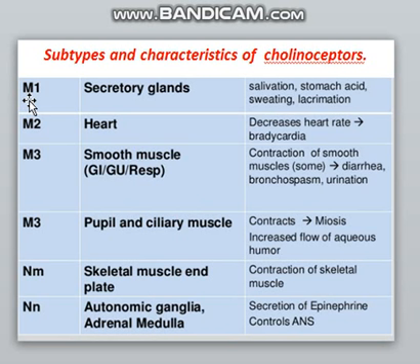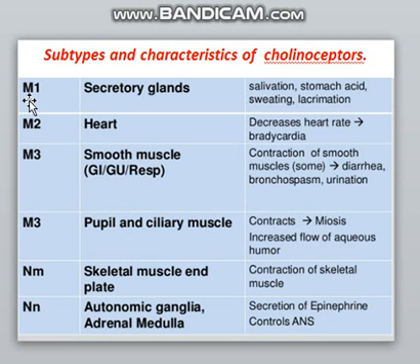M1 is found in secretory glands, causing salivation, stomach acid, sweating, and lacrimation. The second subtype is M2, which is located in the heart, and its action is to decrease the heart rate, causing bradycardia.